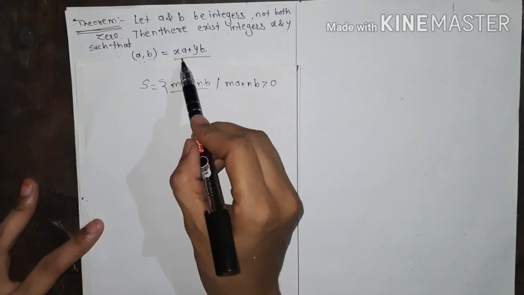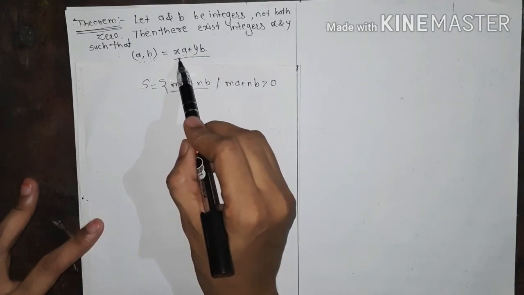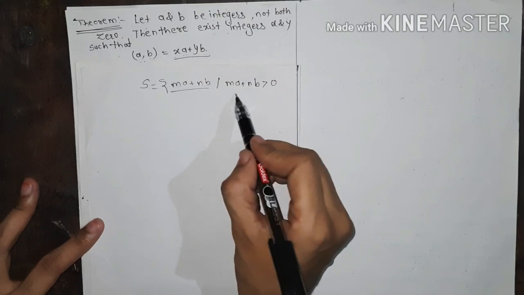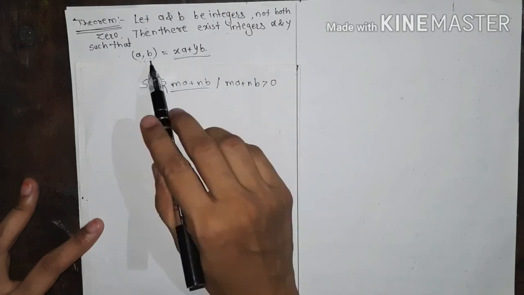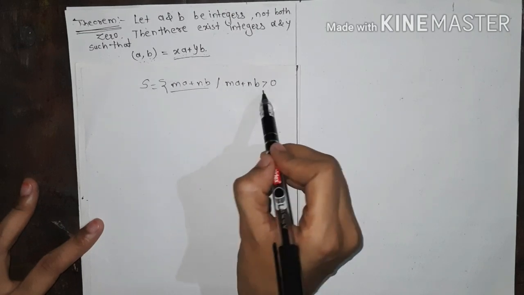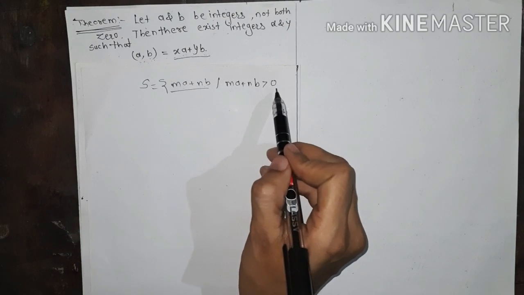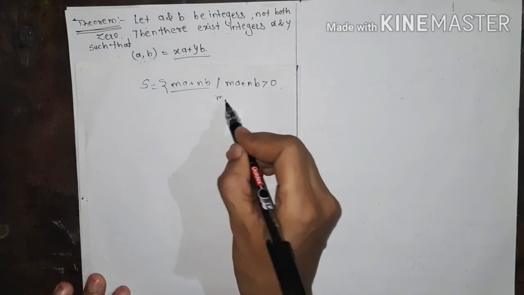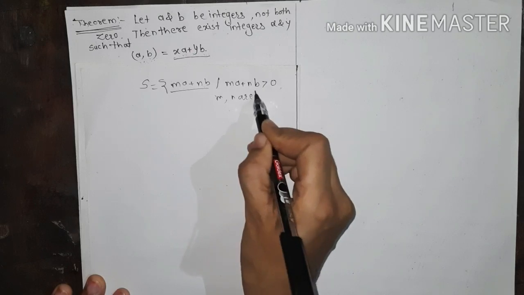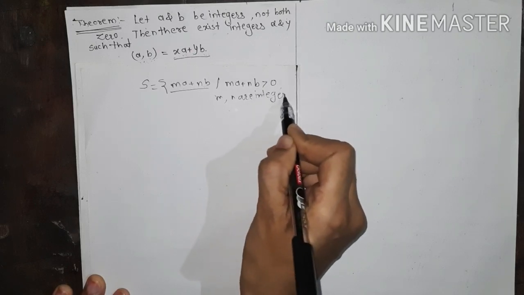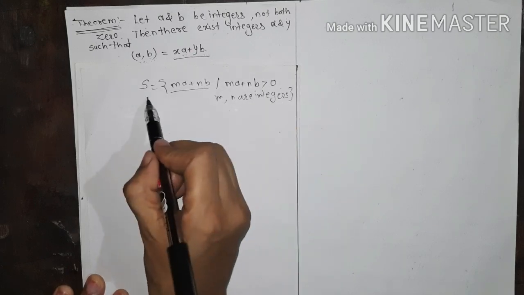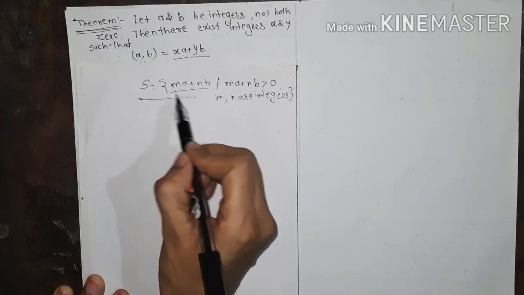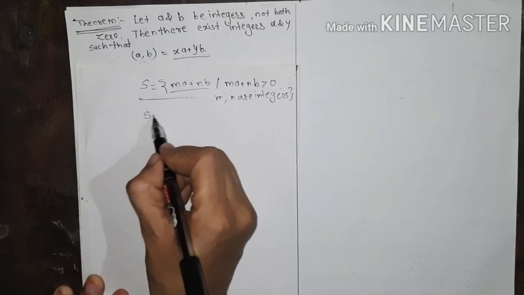Okay, we have to prove that the GCD can be written as a linear combination. Since the GCD is positive, MA plus NB is positive, where M, N are integers. In proving this, by assuming this set, we first show that S is non-empty.